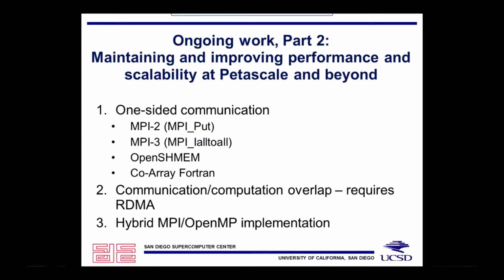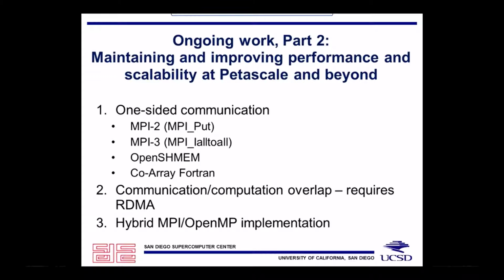And the second part of this work is maintaining and improving performance. Currently, P3DFFT uses MPI all-to-all as the main communication routine, which is a blocking collective call. There are ways to improve that, and we always need to find ways to improve because it's a very communication-intensive algorithm.